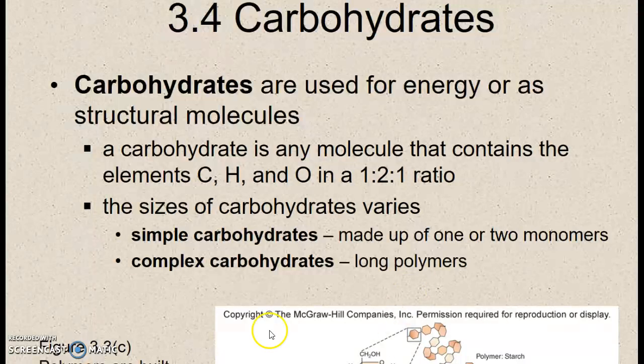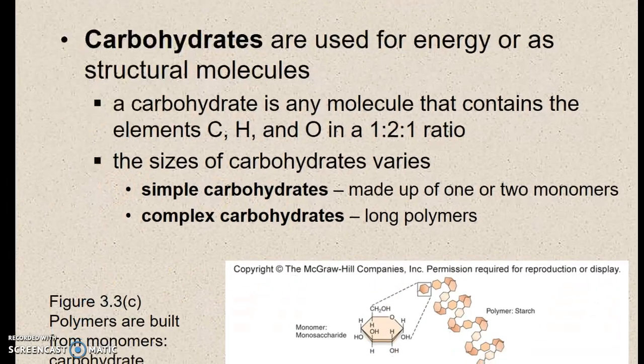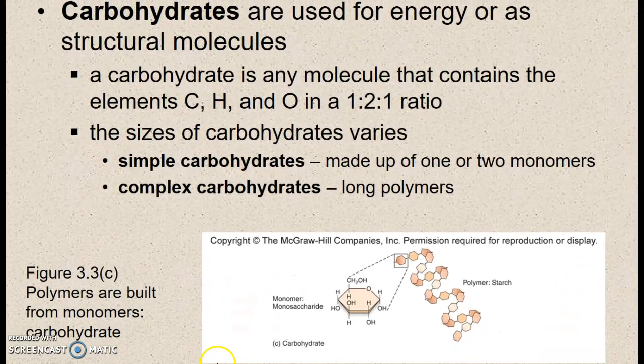Simple carbohydrates are made up of one or two monomers, and complex carbohydrates are long polymers of monosaccharides. So for this type of macromolecule, the monomer is called a monosaccharide, mono meaning one, saccharide meaning sugar. And then the polymers are called polysaccharides, many sugars.